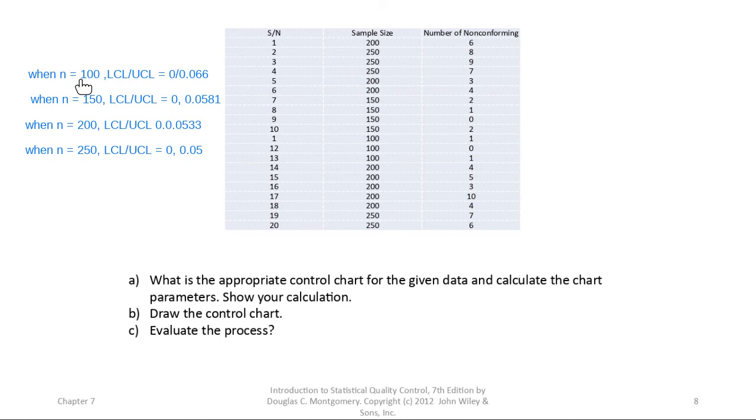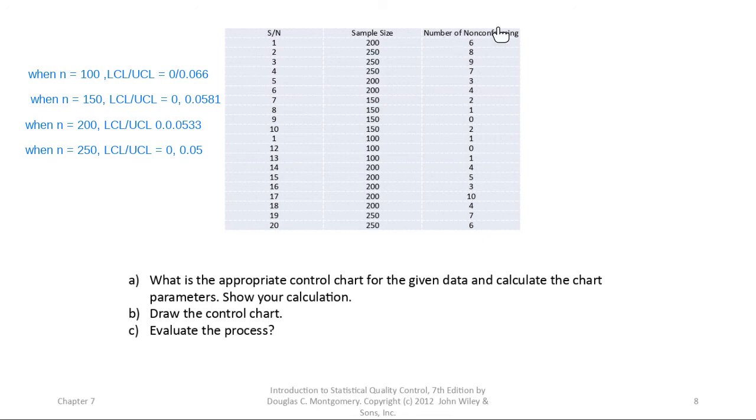When it is 100, you calculate the upper control and lower control for the sample size 100, and that will include the data only when the sample size is 100. When you calculate the upper and lower control for the sample size 150, you will calculate it only for the data that has 150, and the same for 200 and for 250.